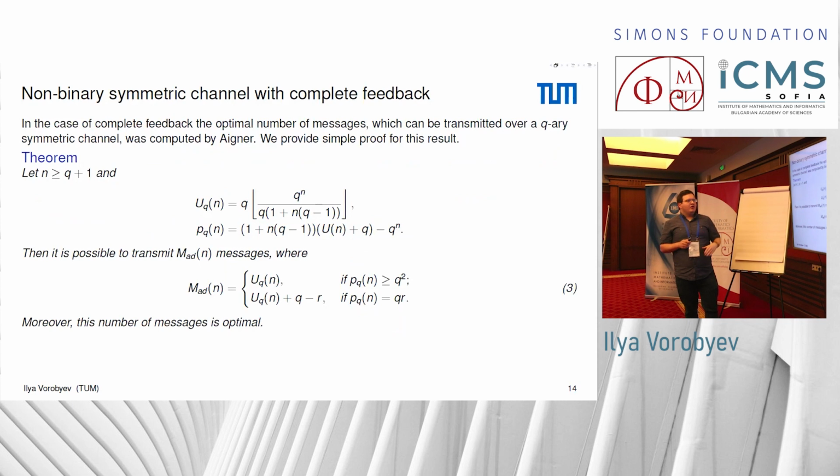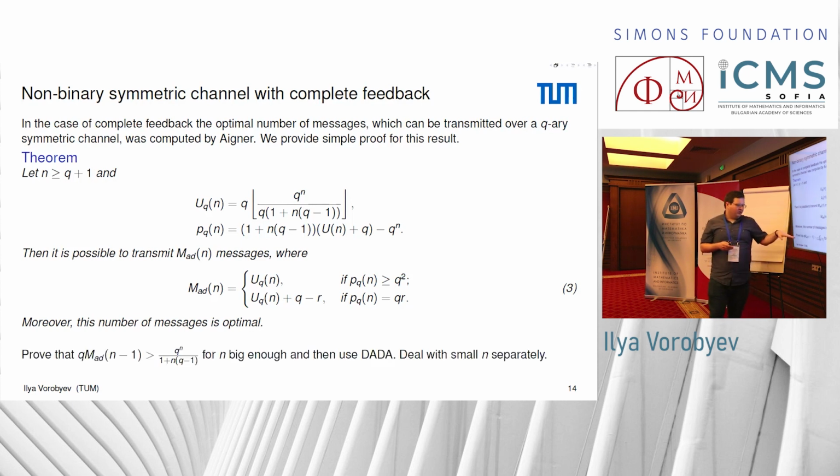So it's very similar, and again we can obtain the result about the optimal number of messages for complete feedback. So it was for the q-ary channel, it was proved and computed by Egner, and again with our data algorithm we can obtain the similar, the same result, just with a similar idea. Again we construct a code which is good enough.